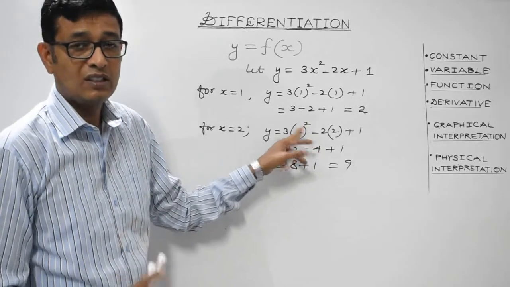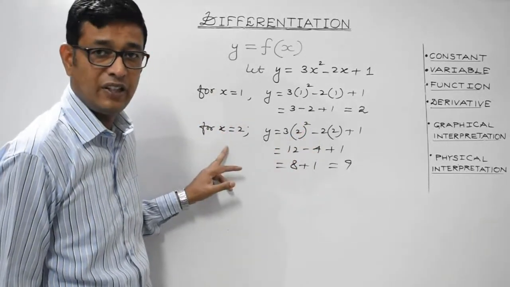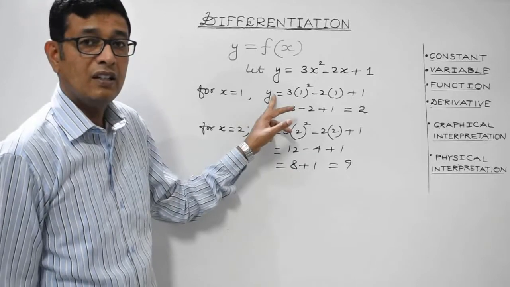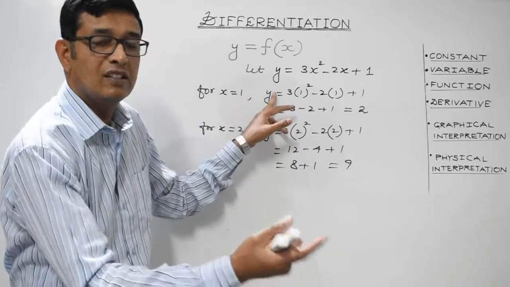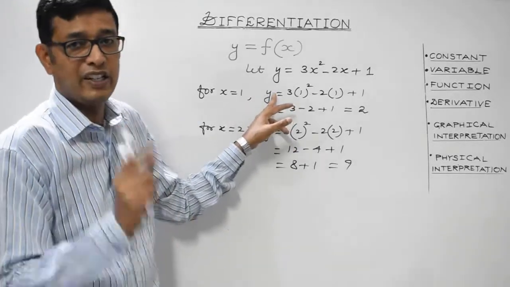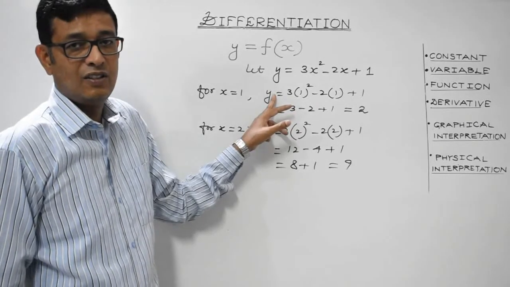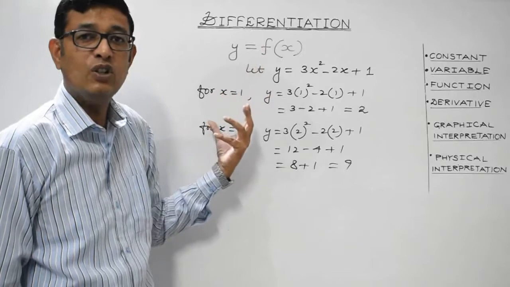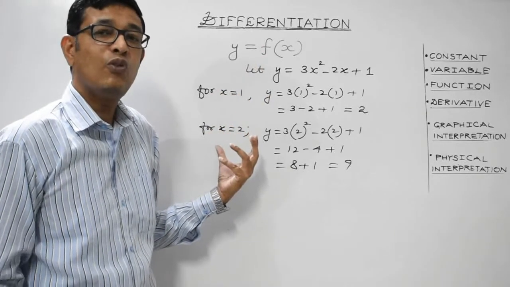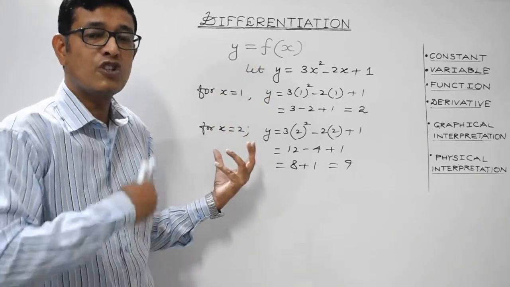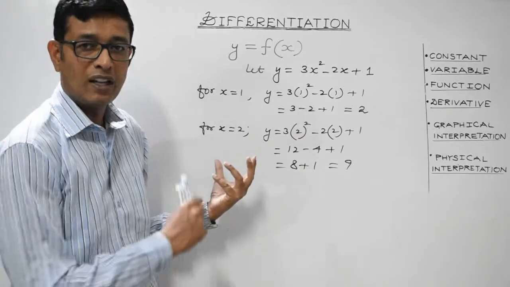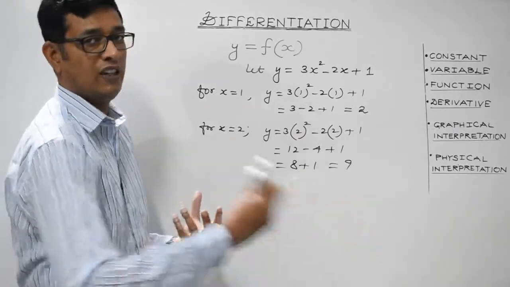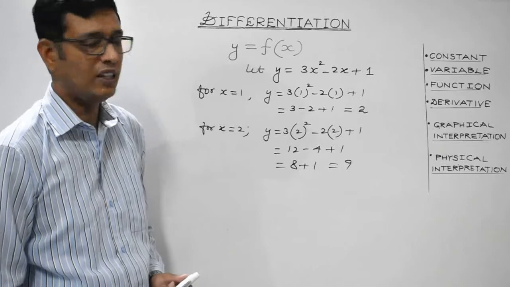So therefore, students, x is an independent variable, while the value of y, which depends on value of x, is known as dependent variable. So if x is changed, there will be a corresponding change in the value of y. So therefore, y is said to be a function of x in such a scenario, right?